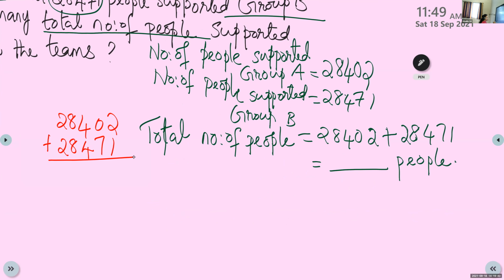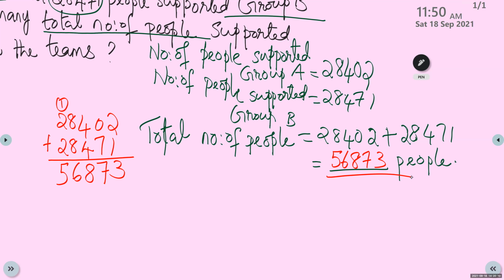What is 1 plus 2? 3. 0 plus 7? 7. 4 plus 4? 8. 8 plus 8? 16. 1 is carryover. 2 plus 2 is 4 plus 1, 5. So the answer is 56,873. 56,873 people supported both the teams. Did you get the answer, children? Ma'am, I got the same answer.